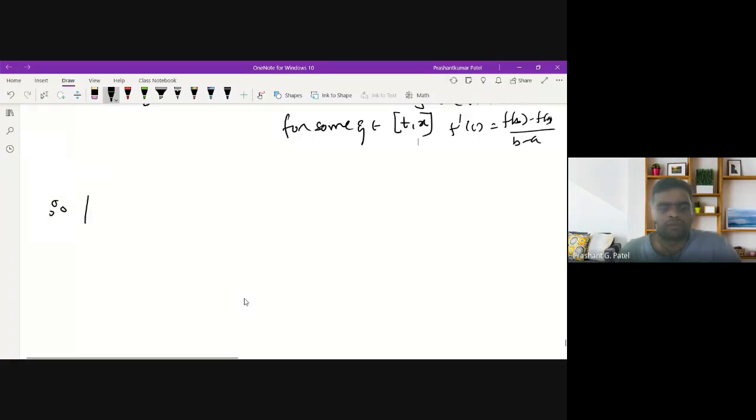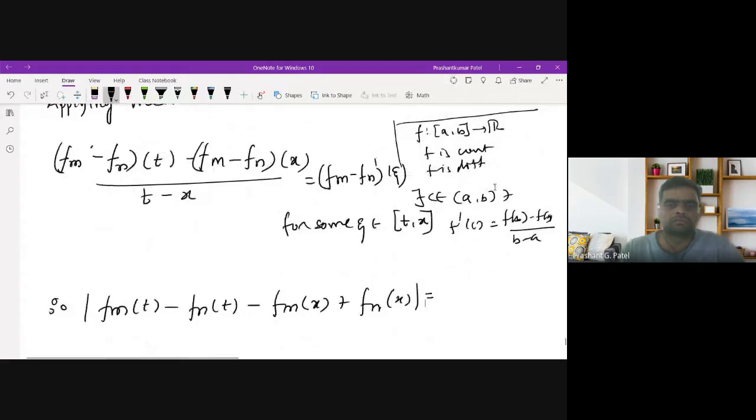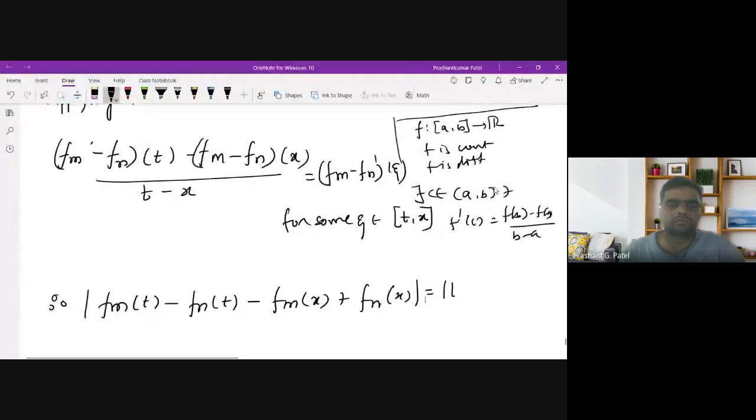So we'll have this. And if we simplify this quantity, therefore we have |f_m(t) - f_n(t) - f_m(x) + f_n(x)| is equal to, taking t minus x to the other side, |t - x| times |(f_m - f_n)'(xi)|.